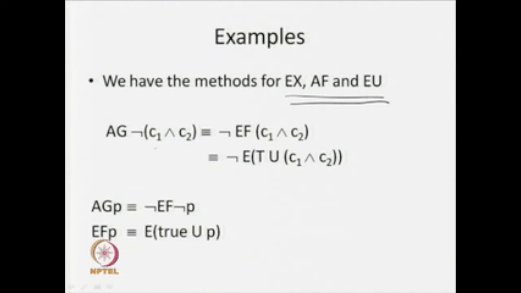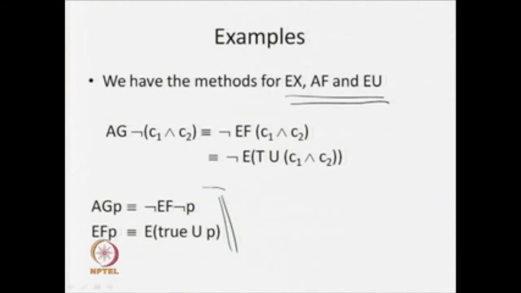So, AG not of (C1 and C2) is equivalent to not of EF (C1 and C2). We have a procedure for EU, so EF can be written as E true until (C1 and C2). These are the two equivalences that we have in our hands.